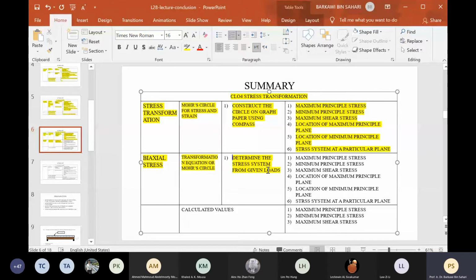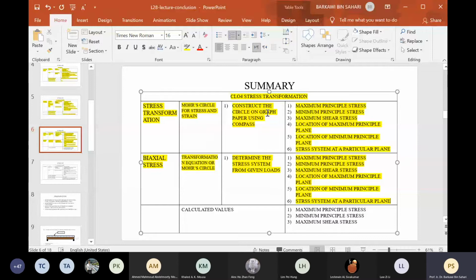So this is one step back. The first part on the Mohr circle is usually where you are given the stress system and translate it into a Mohr circle to obtain the values. Whereas in the second part you construct the stress system first, and then you determine the values. Now this could be another Mohr circle, or it could be from a transformation equation. So both are acceptable.